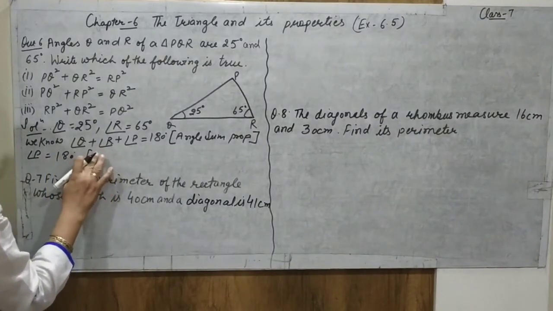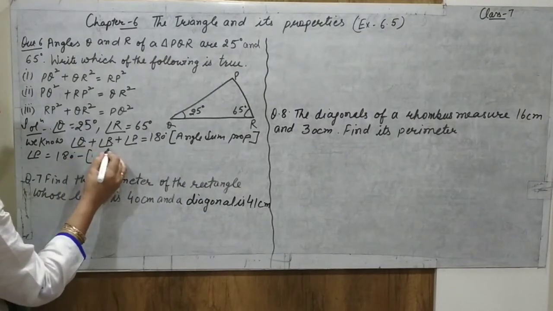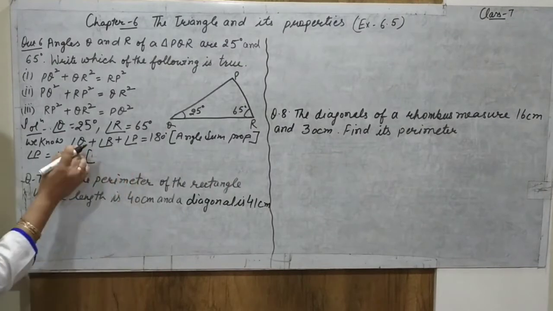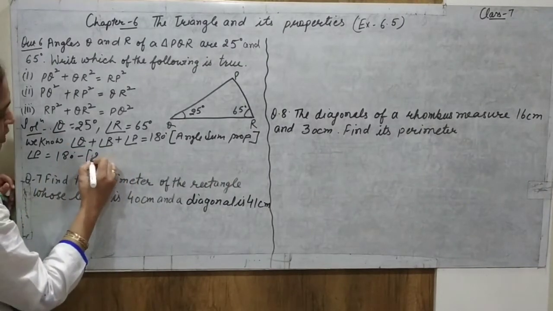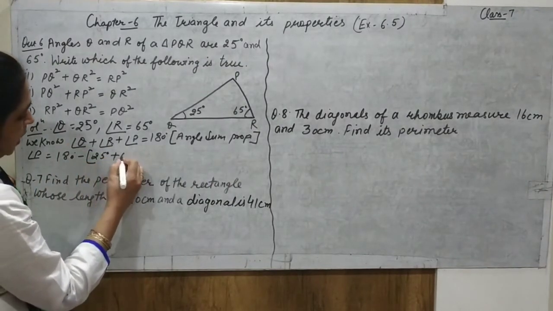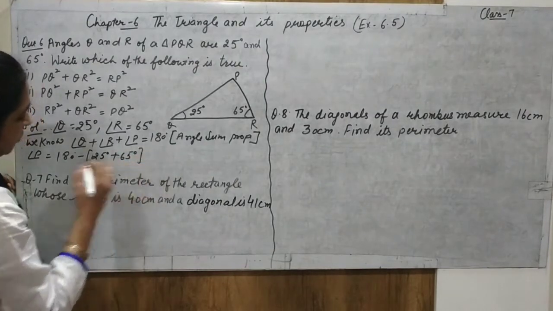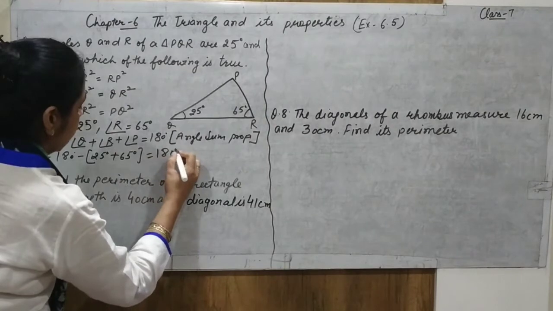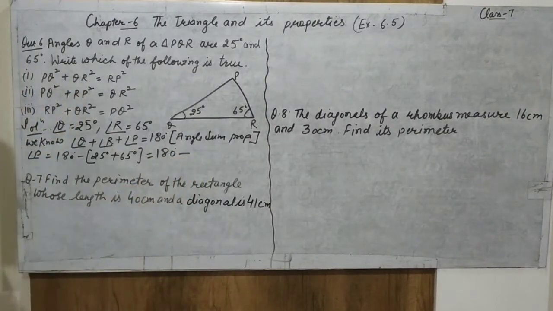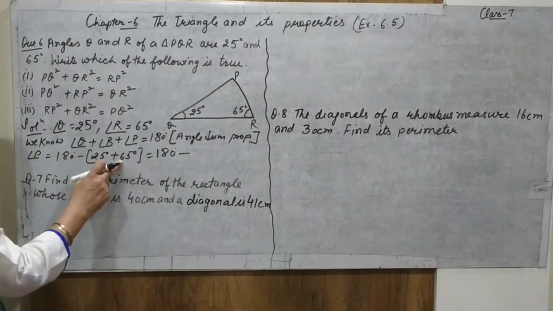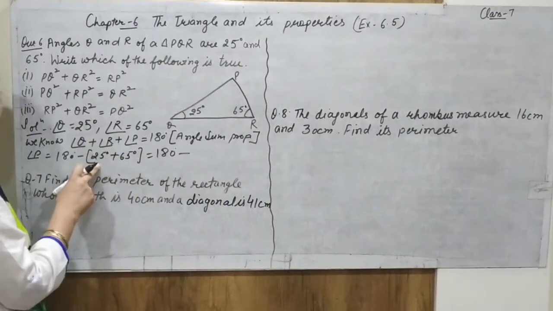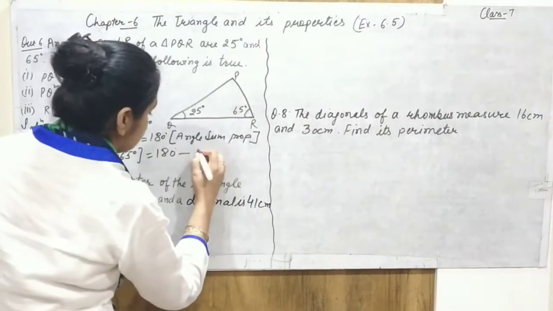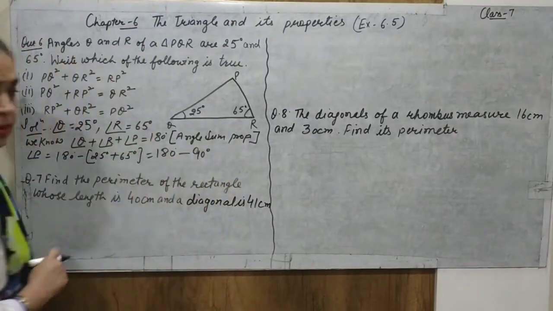When we transpose these 2 angles to the right hand side, we get angle P equal to 180 degree minus, putting the value of Q, that is 25 degree plus 65 degree. What do we get here? 180 degree minus, how much is this? 65 plus 25: 60 and 20 is 80, plus 10, that is 90 degree.